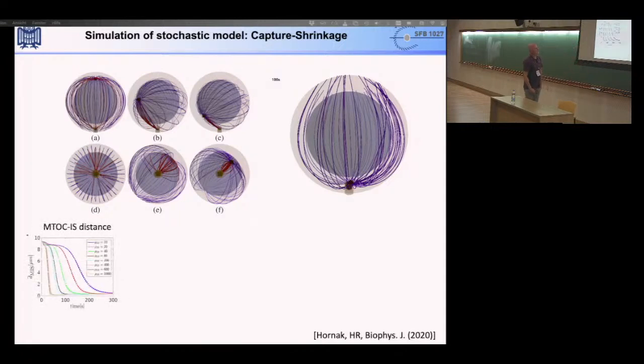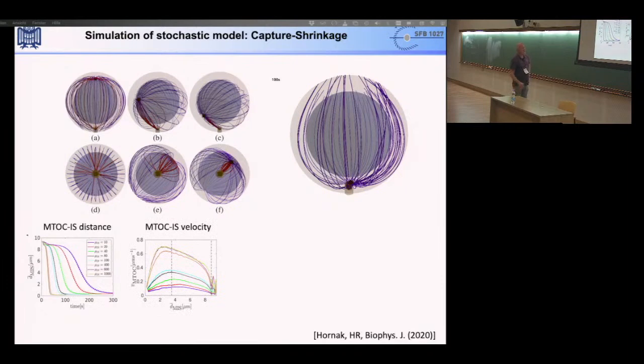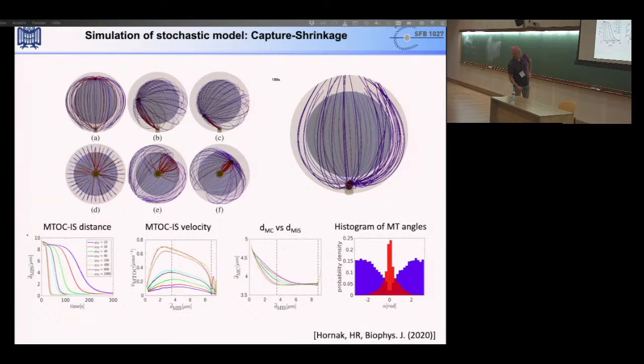And then, as a function of the dynein density at the IS, you can calculate how the distance changes with time, and also the velocities. With that, you see that the time scales when the relocation is completed depend, of course, on the density of the dynein.